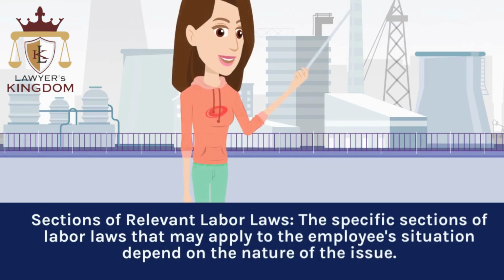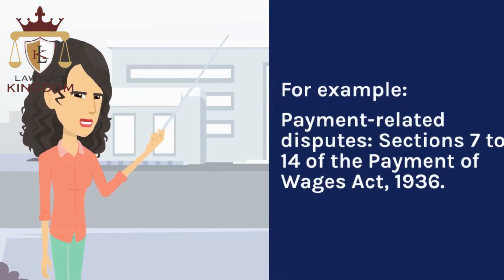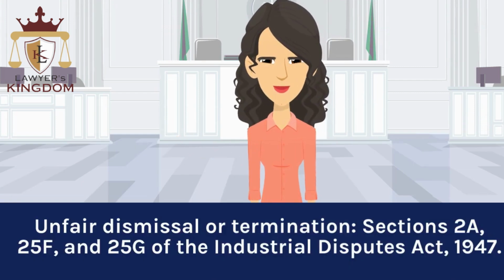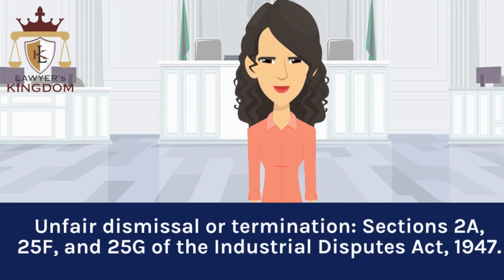Sections of relevant labor laws. The specific sections of labor laws that may apply to the employee's situation depend on the nature of the issue. For example, payment-related disputes, Sections 7 to 14 of the Payment of Wages Act, 1936. Unfair dismissal or termination, Sections 2A, 25F, and 25G of the Industrial Disputes Act, 1947.